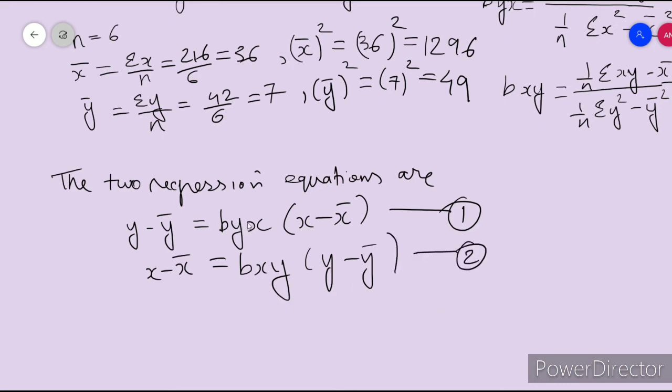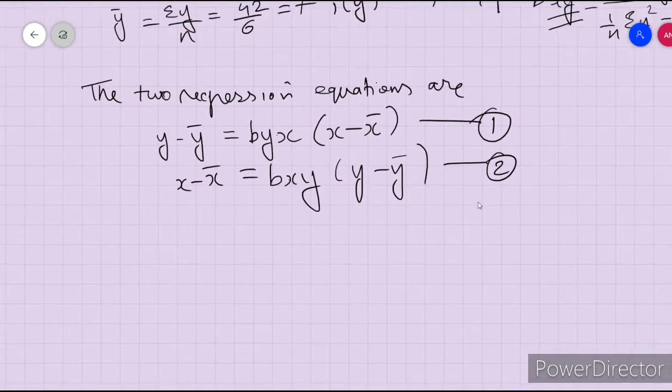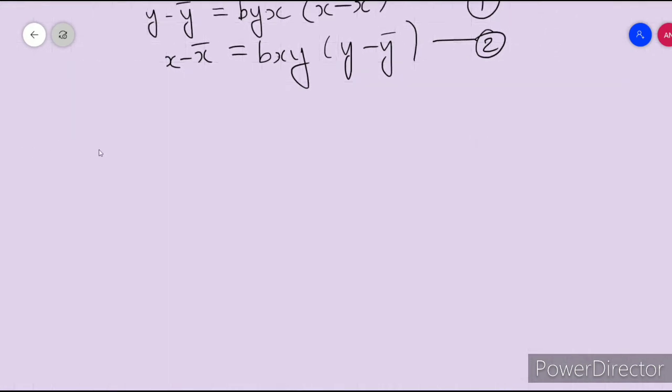So we know the formula of this, and we have already solved some of the values needed for calculating these two regression coefficients. So now simply substitute the values. First we'll solve for byx, the regression coefficient of y on x. This means that y is the dependent variable and x is the independent variable.